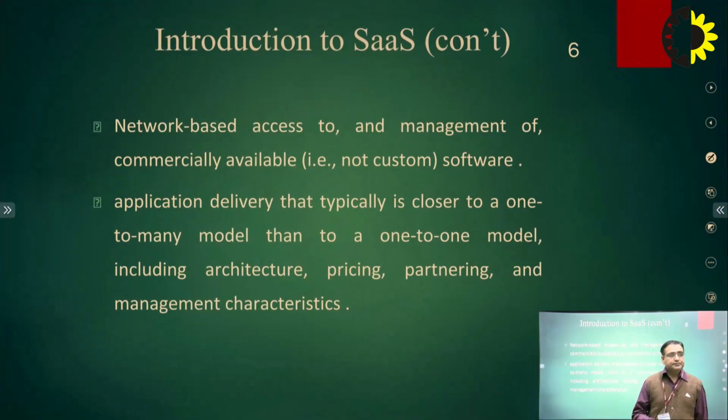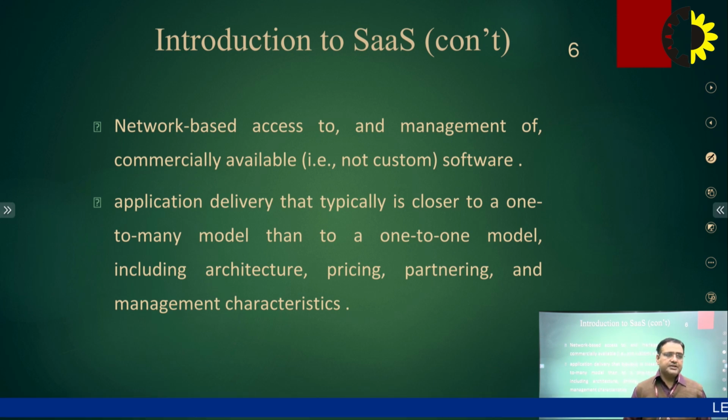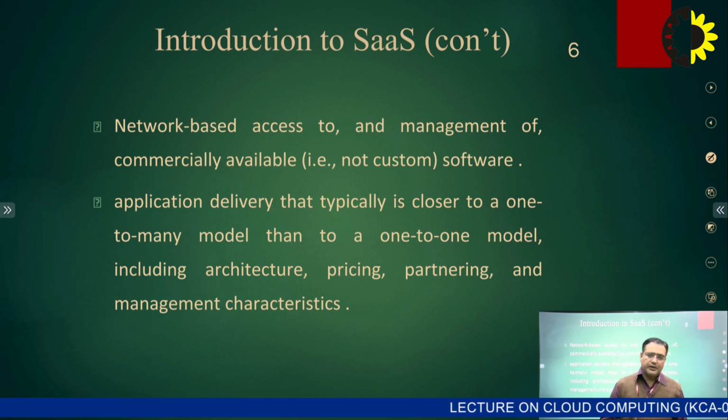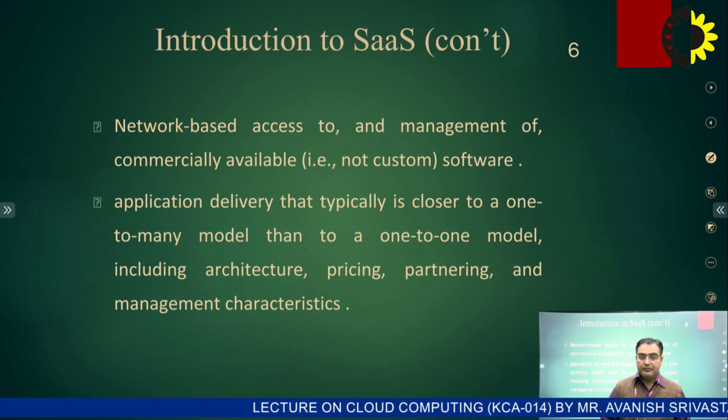The next is network based access to and management of commercially available software, application delivery. Commercially based application software means you can pay for the services which you want to get from the service providers.